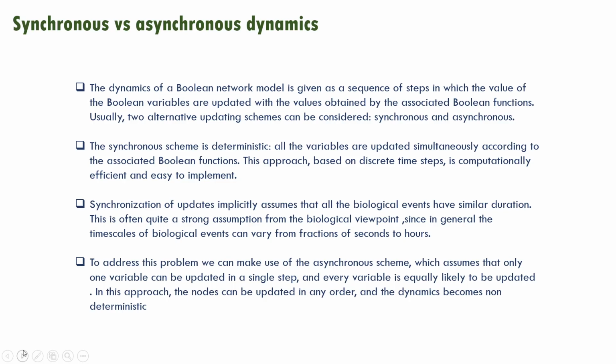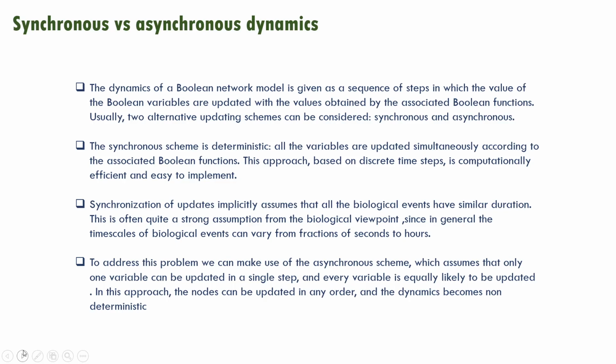So the major difference between synchronous and asynchronous is that in the synchronous case you update all the Boolean functions in one step, simultaneously for all the genes. The underlying assumption is that the biological events have the same duration. In asynchronous, this is kind of the opposite. You can update the variable.